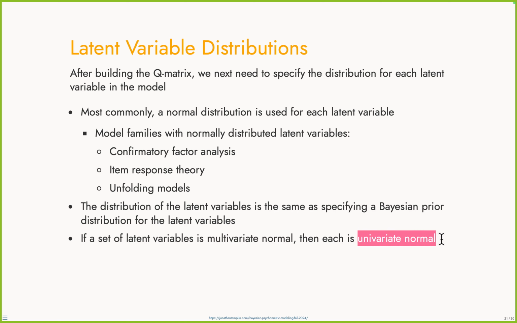Right? So if we have 10 latent variables, we could specify a 10-dimensional multivariate normal distribution. That would mean that each one of those 10 has a normal distribution by itself. But remember, that's a prior distribution. What we're seeking is the posterior distribution in the Bayesian analysis.